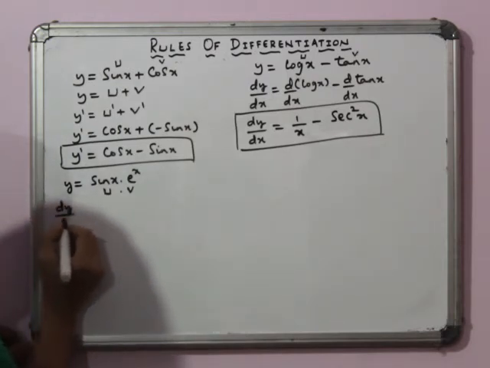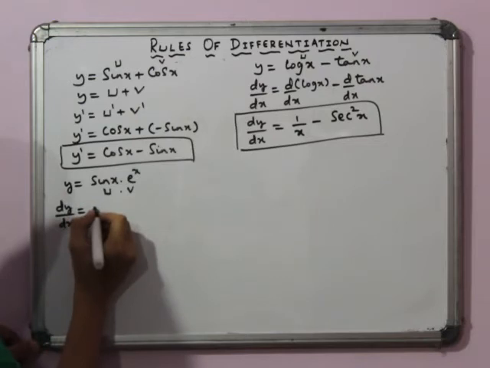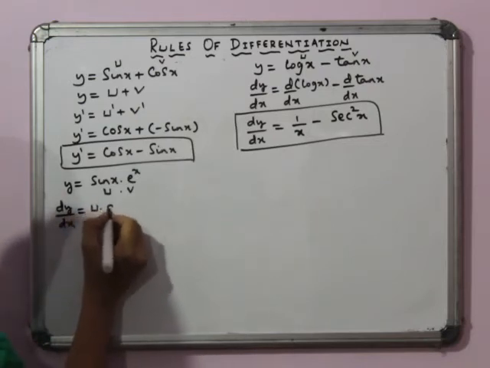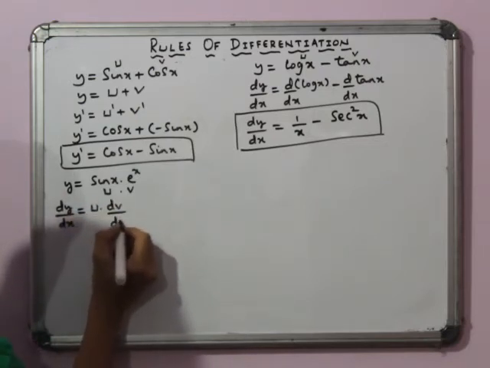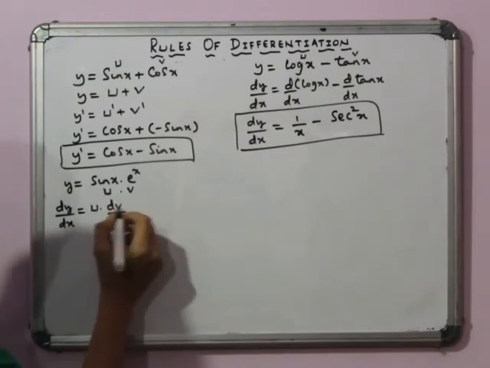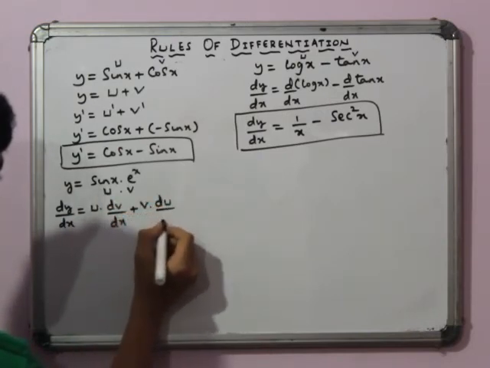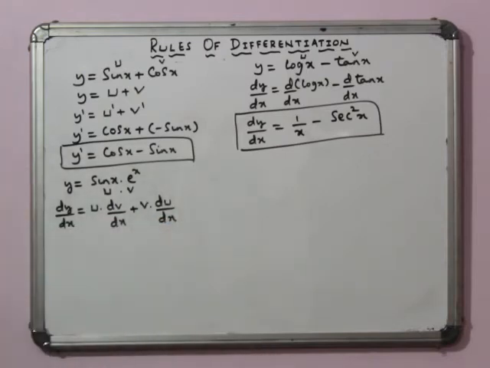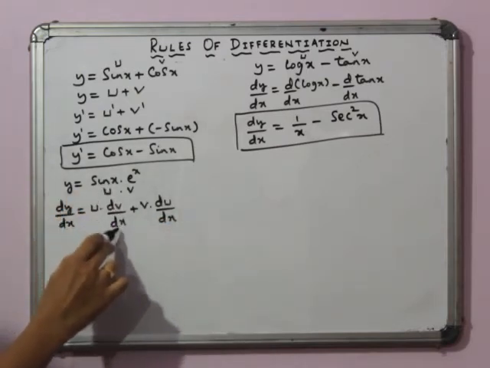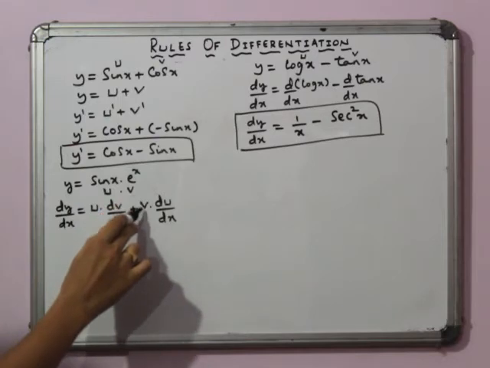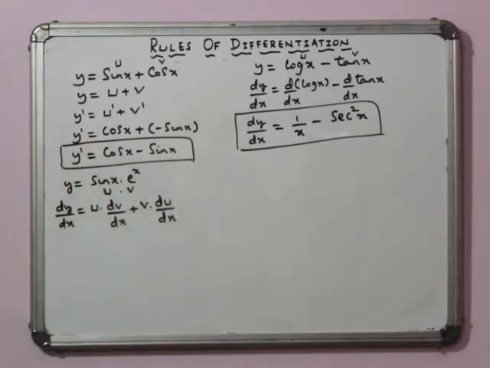Dy by dx is equal to u into dv by dx, that is the product rule, plus v into du by dx. First function into differentiation of second function plus second function into differentiation of first function.